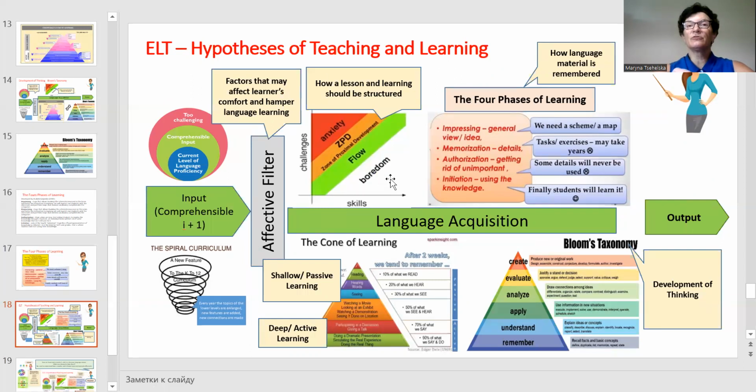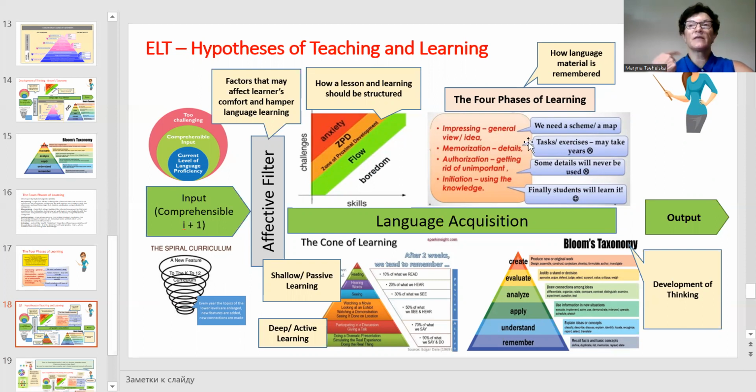When you structure the process, you always remember about the 4 phases of learning, and it is very close to the spiral curriculum, and it tells us that there is no need to ask our students to learn anything by heart.